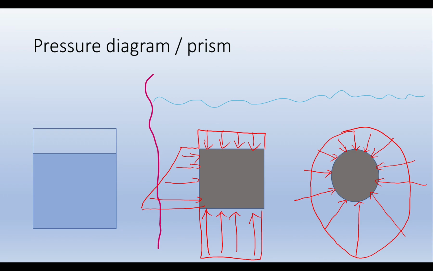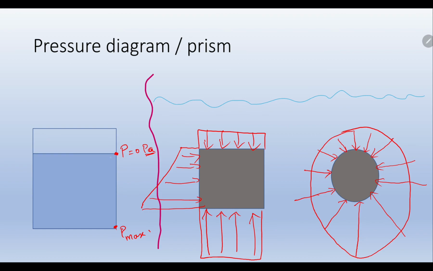So for example, let us look at this particular tank in which water is inside. How will the pressure be acting here? The water pressure is zero at the surface, because rho g h is 0, so the pressure equals 0 pascals, and the maximum would be here. This is P max.